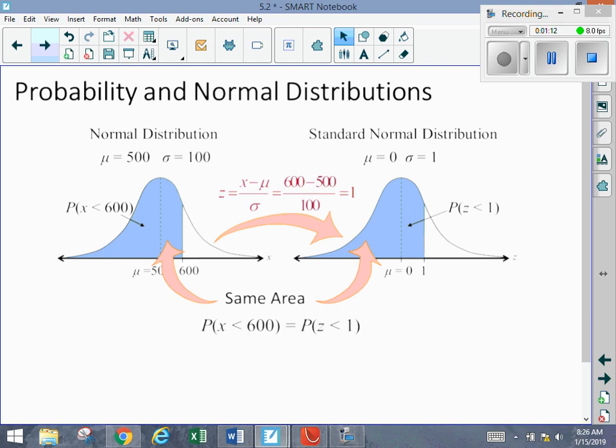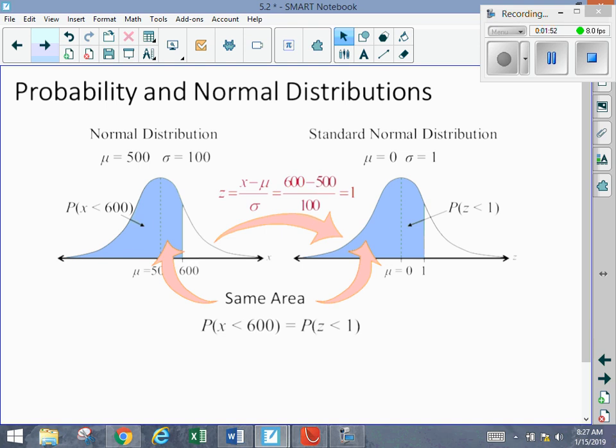So remember our standard normal distribution? What we're going to do is plug in a value. For instance, if I have an x value over here on the left-hand side of 600, and I plug that into the formula we looked at, the z-score formula, we plug the x value in with the x, our mean of 500 where mu is, and our standard deviation of 100 where sigma is.